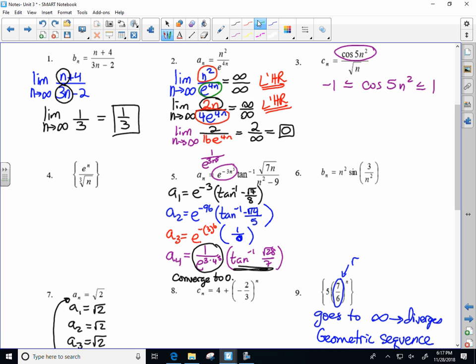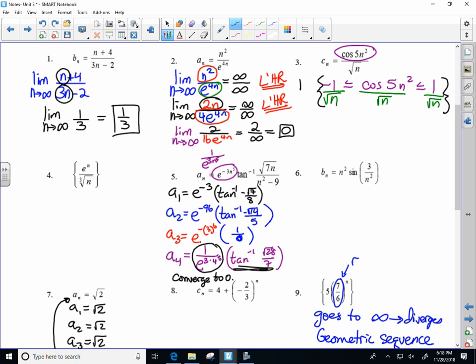All right. So I have a relationship that I know exists. Cosine is always between -1 and 1. All right, that's cool. I need cosine over the root of n. So I'm going to divide by the root of n everywhere. So then I'll take the limit of each part as they go out to infinity. So just a little shorthand notation here.